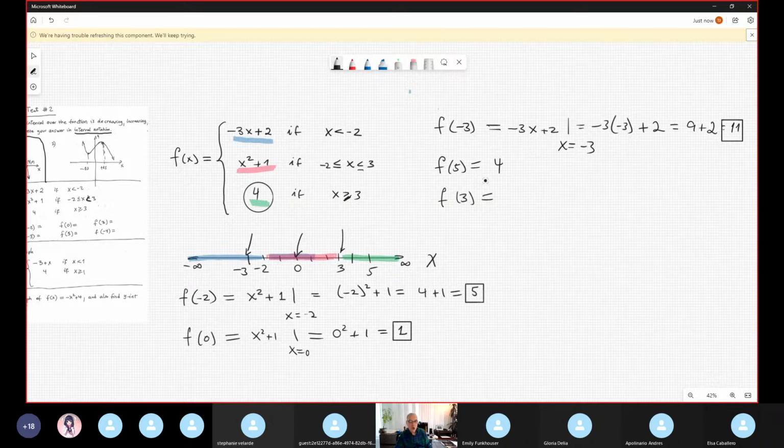Is it possible? No, because this is a contradiction of the definition of the function. Remember, one value of the function accepts only one value in the y. So if you have equal in both, it is not a function, because x equal 3 is associated with two different expressions and gives me two different answers.